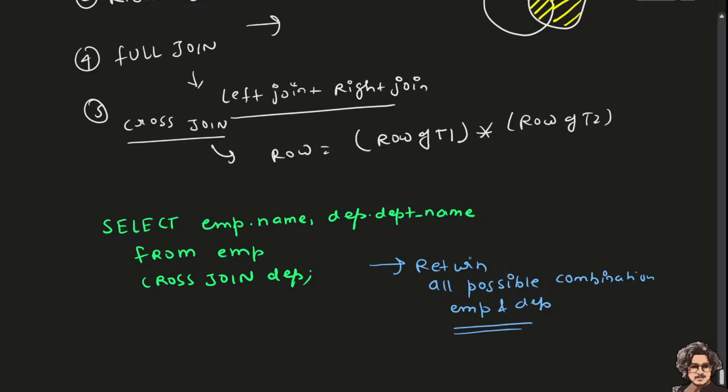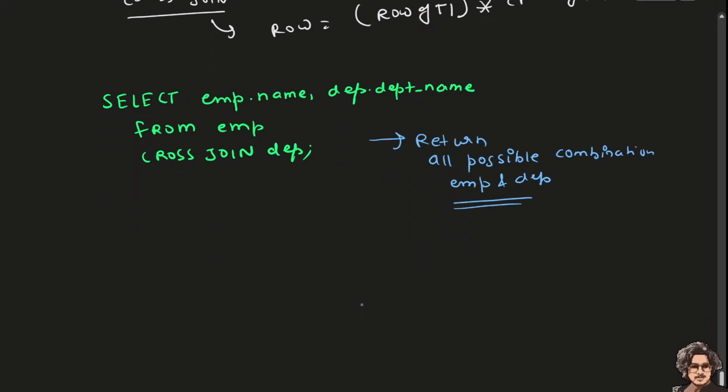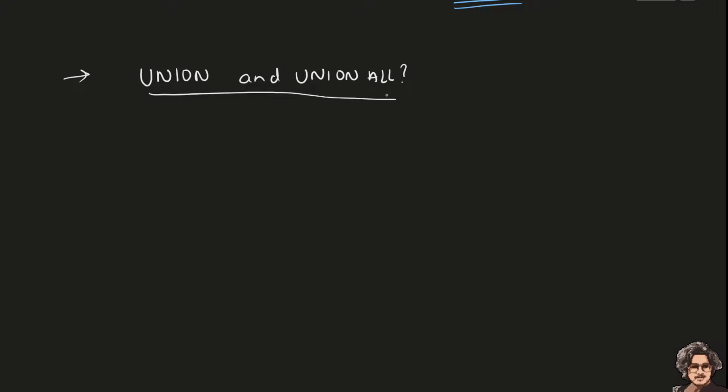Let's move to the next part, that is, what is union. The next topic is union and union all. Let's see them one by one.